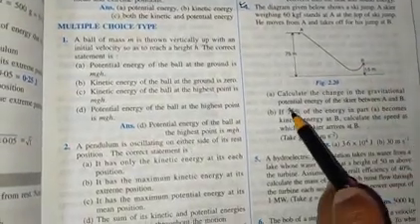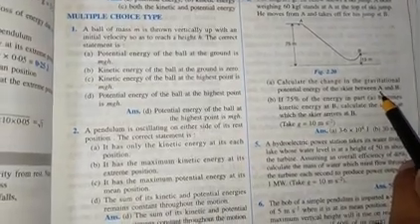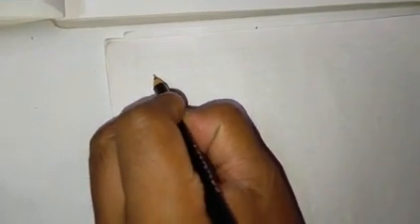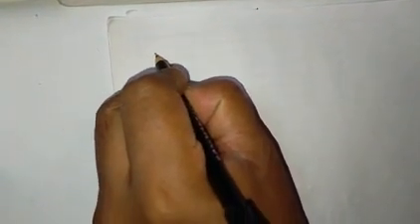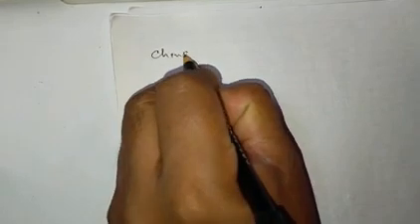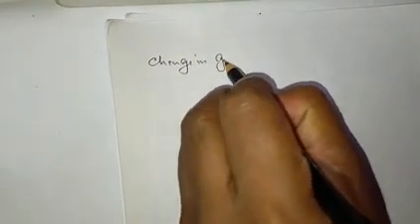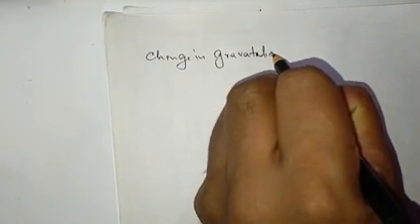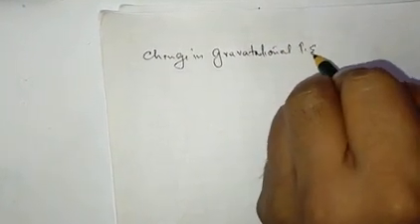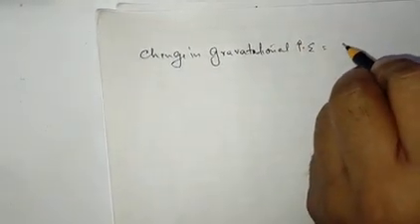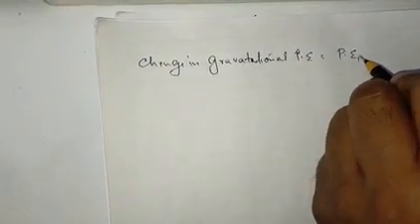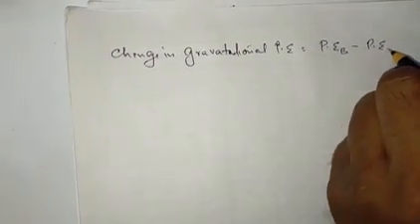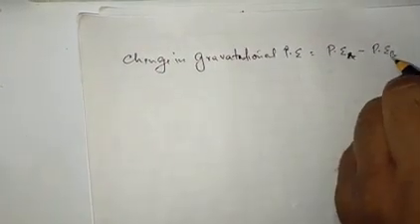Calculate the change in the gravitational potential energy between A and B. The change in the gravitational potential energy means the potential energy at A minus the potential energy at B.